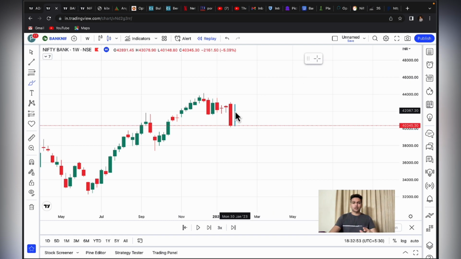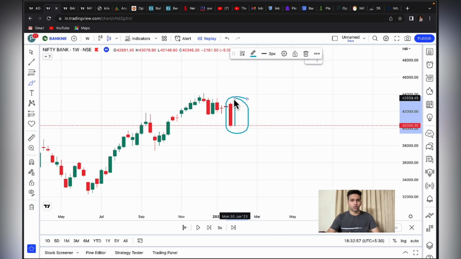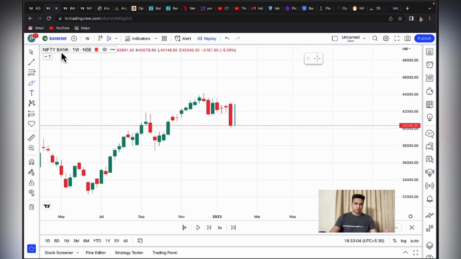This is a typical bearish candlestick where the bears were always in control of the market, where they tried to push the market lower. This was the example of a bearish candlestick.